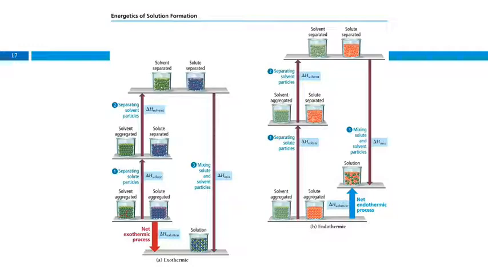It's going to go into the surroundings. Well, the energy of the solvent and the energy of the solute are spreading out, but that doesn't show in an energy diagram like this.